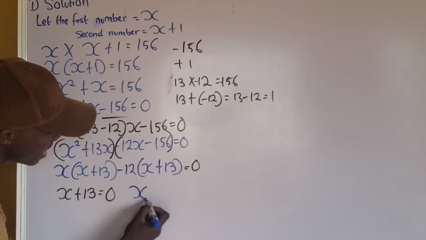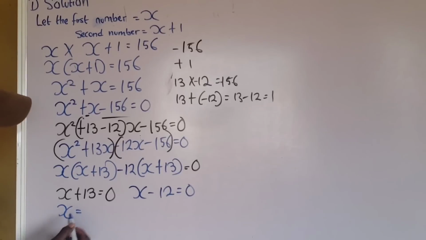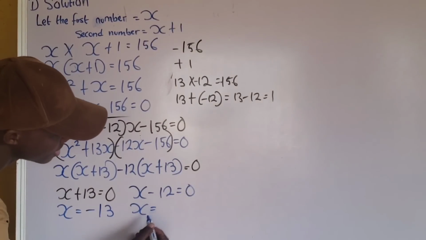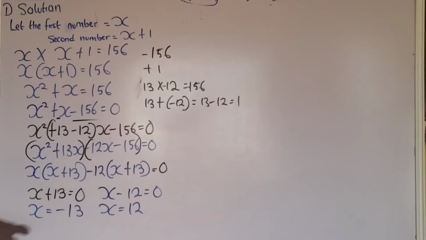So I'm going to have x minus 12 equals to 0 as well. Now x will be equals to, if this 13 crosses the equals to sign, it's going to change to negative. That is negative 13, and x is equals to 12 as well. So the two numbers are negative 13 and 12. You understand? So that is the solution to that question.